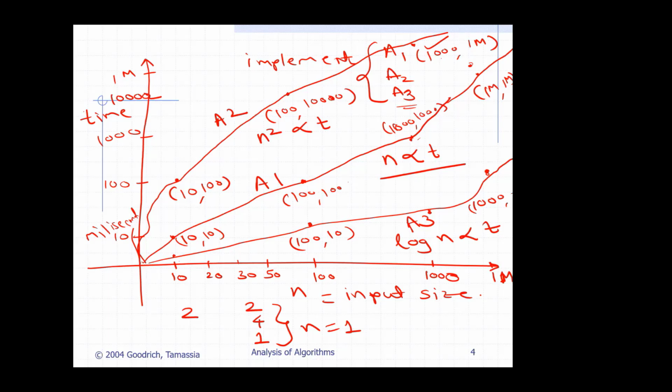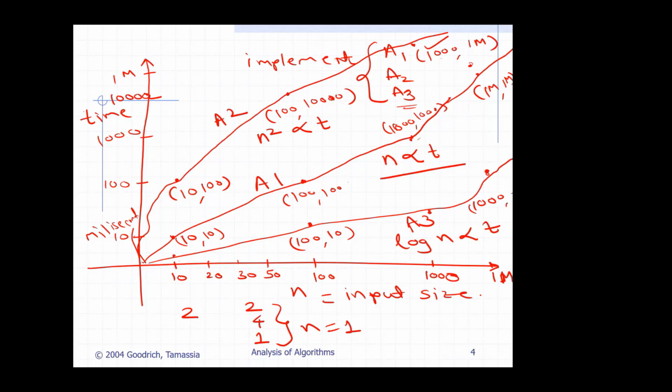So we are going to take motivation from this approach, but we are not going to do it in this manner. We are going to use a theoretical approach. We are not going to implement any algorithm. Whenever a problem is given, we come up with different algorithms, theoretically find out the time complexity of each algorithm, and then decide which algorithm we want.